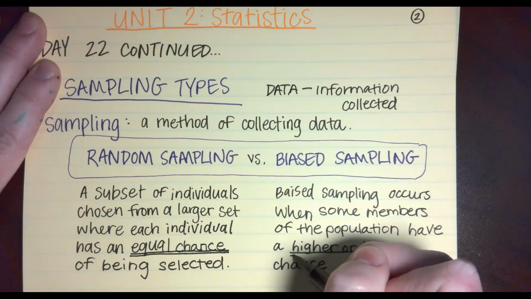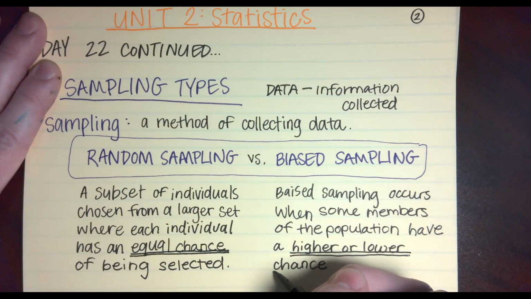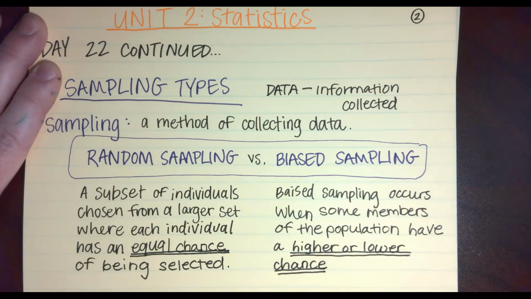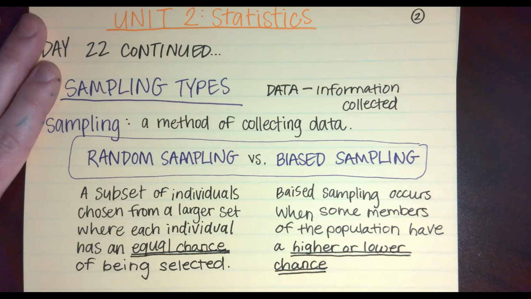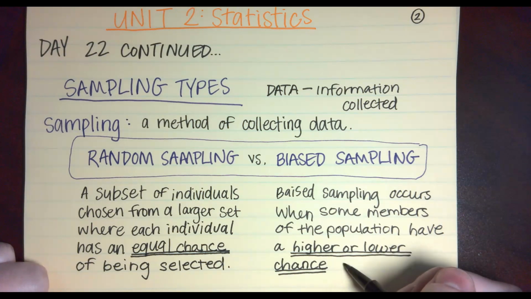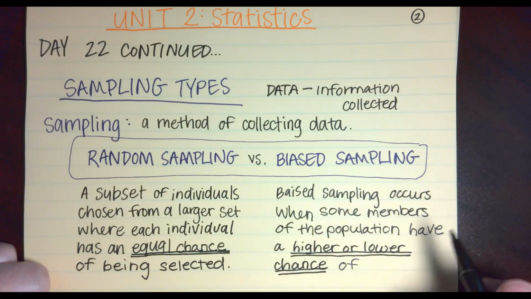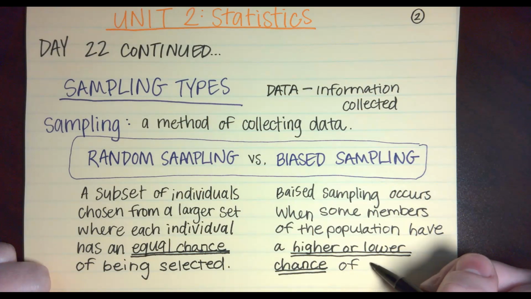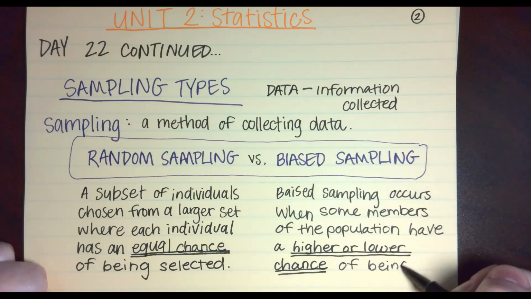And the main piece here is the higher or lower chance. It means that every person does not have an equal chance of being picked. It's uneven. So some members of the population have a higher or lower chance of being selected.